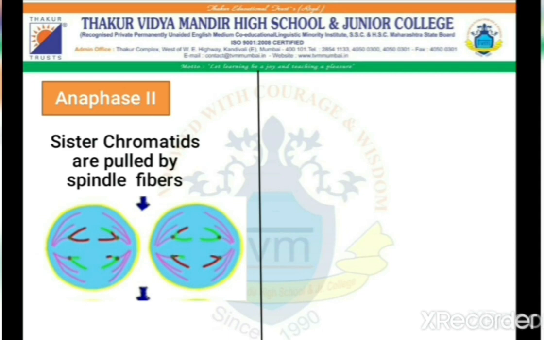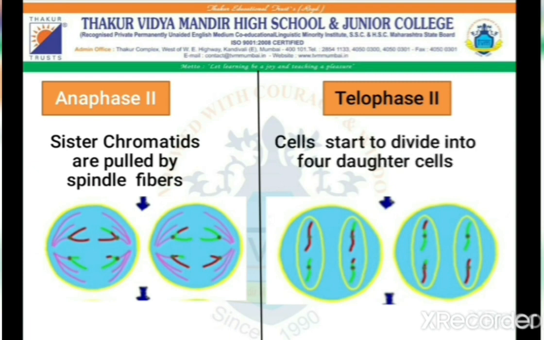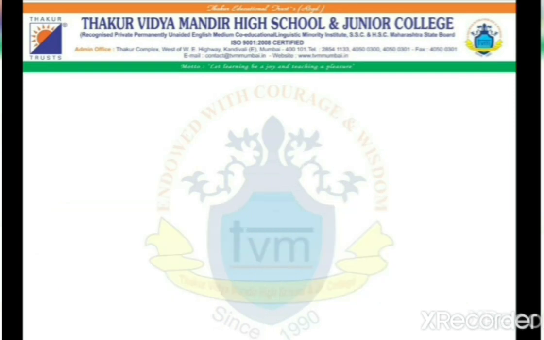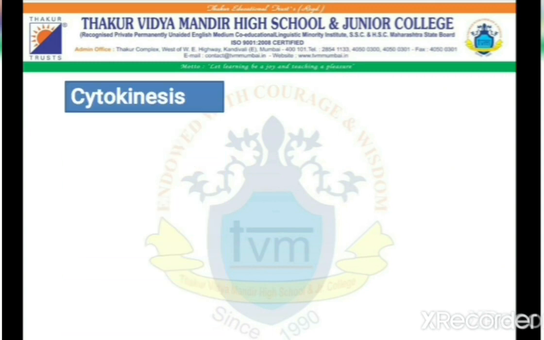And once they are pulled by spindle fibers, it moves on to the next stage, that is telophase 2, where the cell starts to divide into four daughter cells. That is, four daughter cells are formed in telophase 2, which is continued into the last stage, that is cytokinesis.